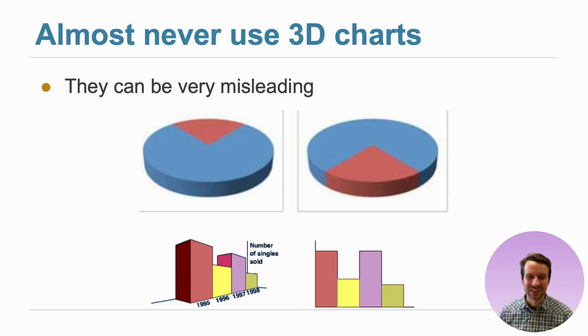When you have the 3D bar chart, then the green on the left looks much smaller compared to the yellow than it is when you look at the chart in 2 dimensions. There'll be a special presentation later about how to misrepresent data by drawing charts. So choose your charts wisely.